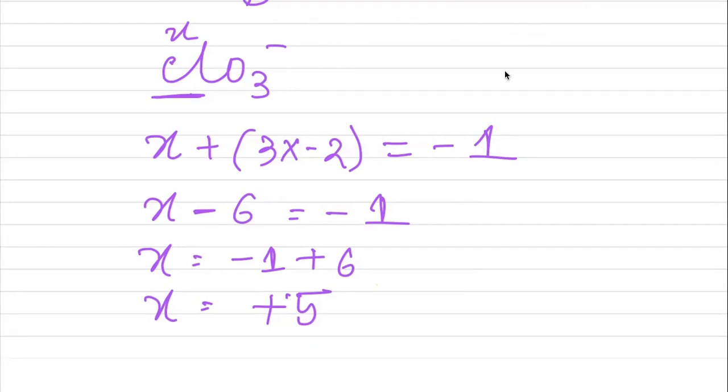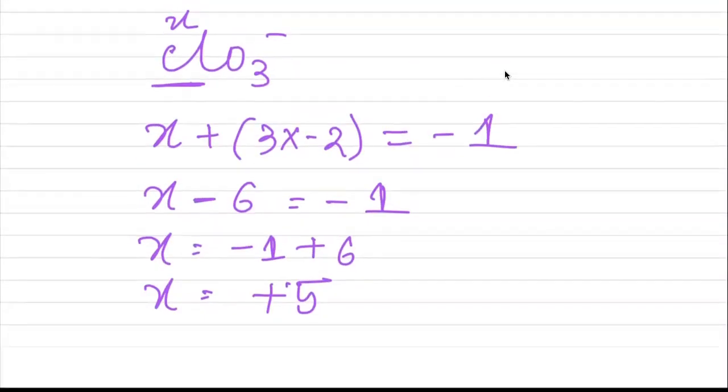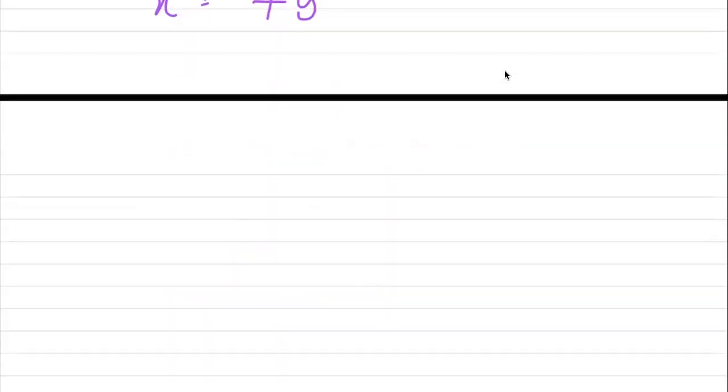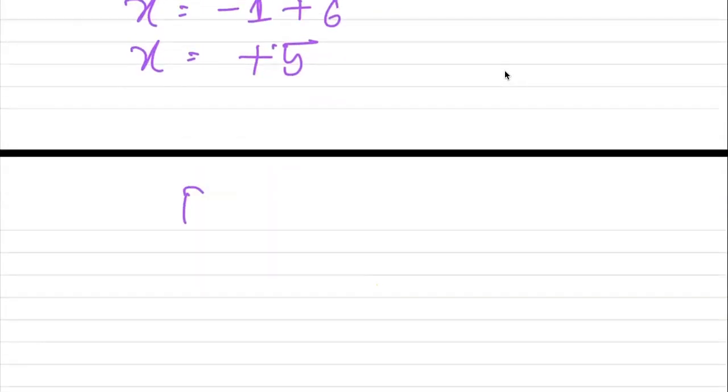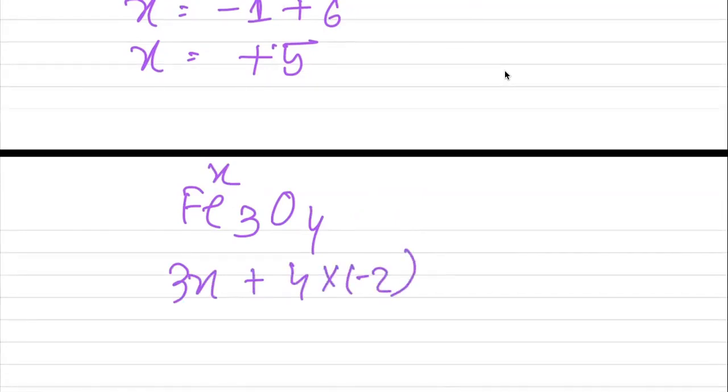One more thing: fractional oxidation states also exist, like in the case of Fe3O4. We have to calculate Fe. So 3x plus 4 into -2 equals 0. So 3x minus 8 equals 0.